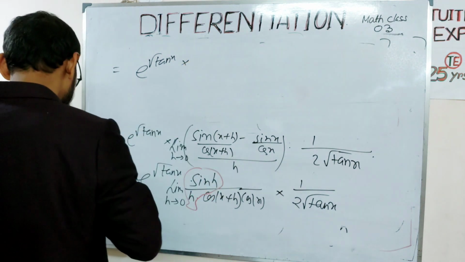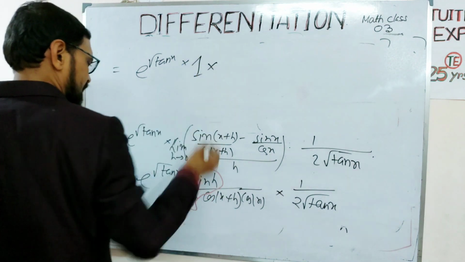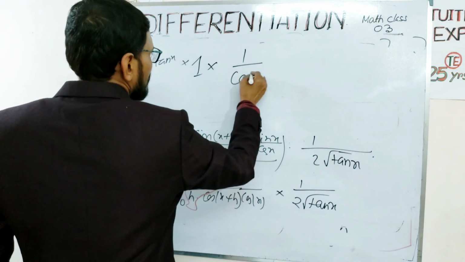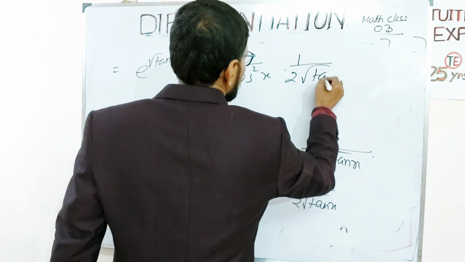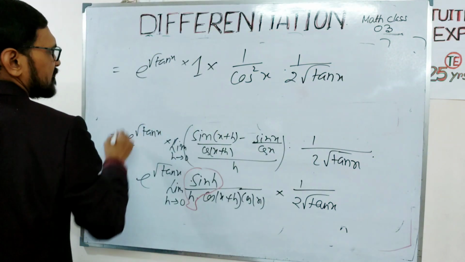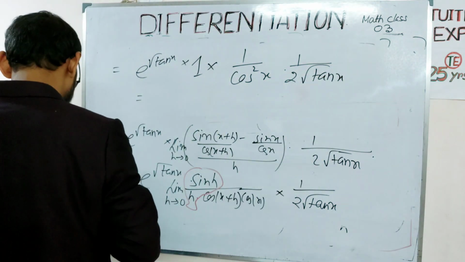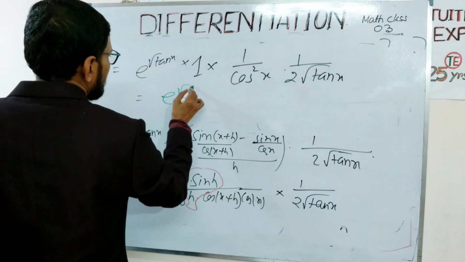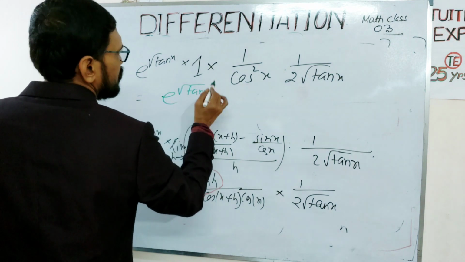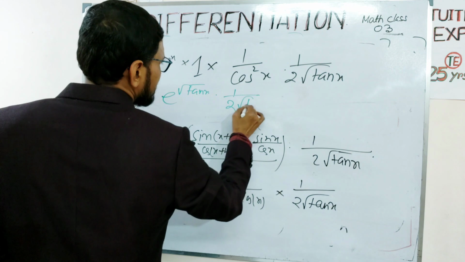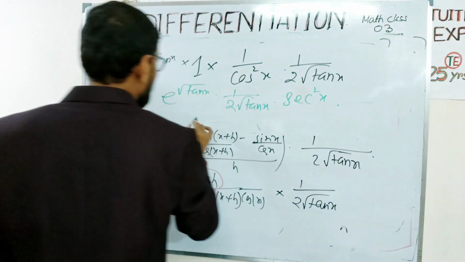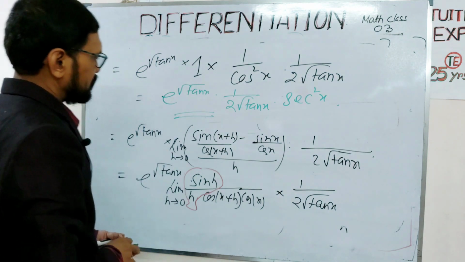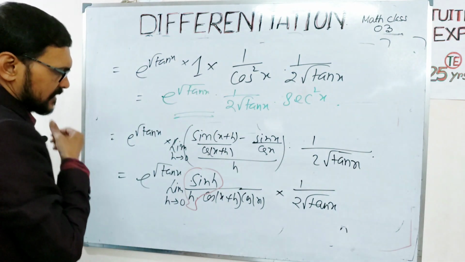So this is 1, 1, and cos x into cos x, cos square x, 1 by this. So this is the result: e to the power 10x into 1 by 2 to the power 10x into sec square x. So from first principle we have got this result.